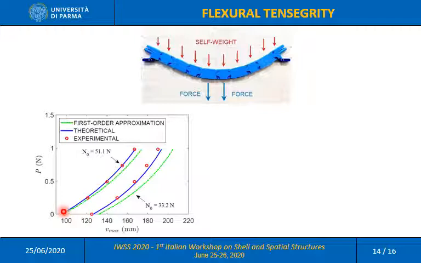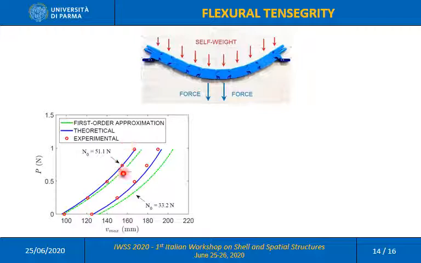We have added a third graph, represented in green, which is referred to as the first order approximation. This graph corresponds to the case in which we neglect the increase of tensile force in the cable due to its elongation, which is equivalent to assuming that the tensile force in the cable remains equal to the initial pre-stress N0, irrespective of the second order elongation of the cable.